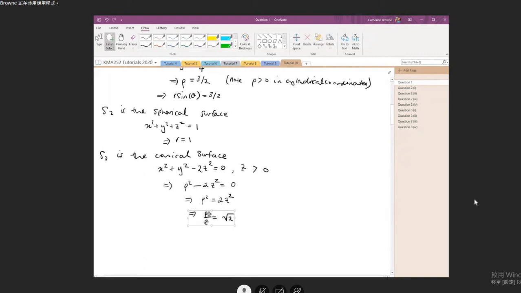So you'll note here, when I take the square root of both sides, there should be a square root there. I take the positive, I don't have plus or minus here because we see that z is greater than 0.